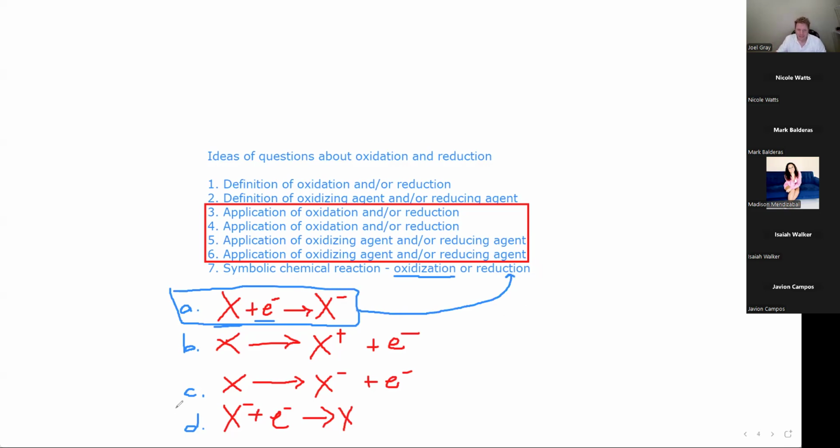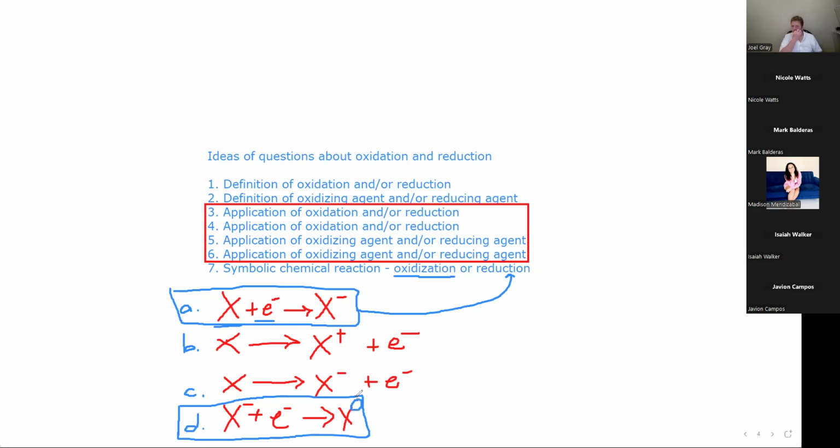Now, D, okay, well, D is wrong for a couple of reasons. One reason is that X minus gains an electron. What is the charge of an electron? It's a negative charge. Our product, therefore, should be 2 minus. So this is the closest to reduction, but we have a charge issue there.